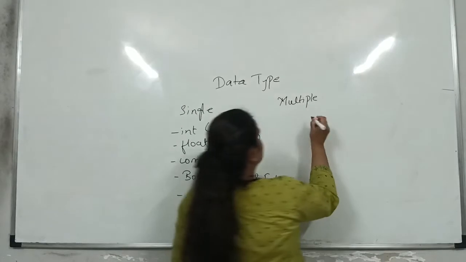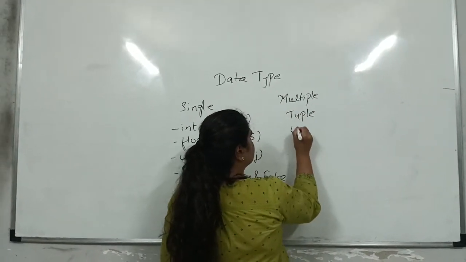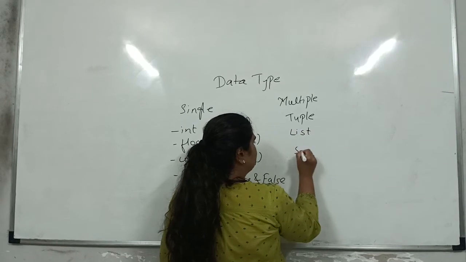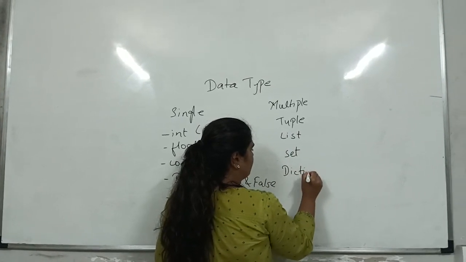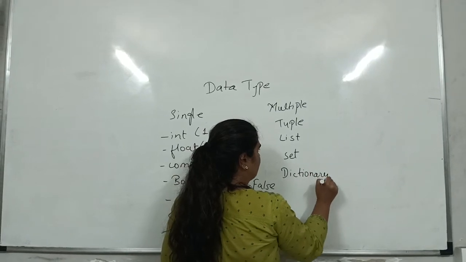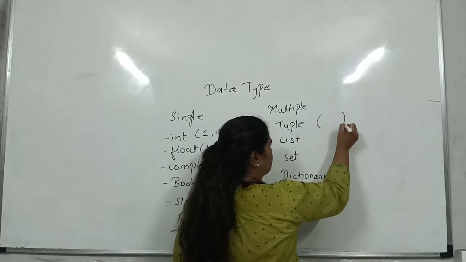In multiple, there are tuple, list, set, and dictionary. So in tuple, the value is stored in round brackets.